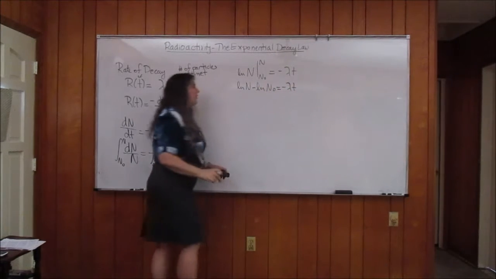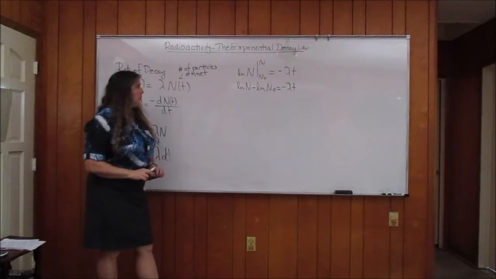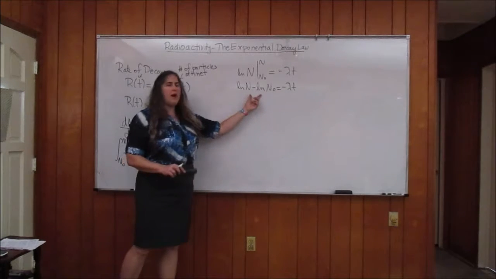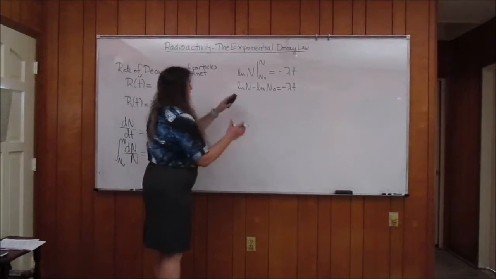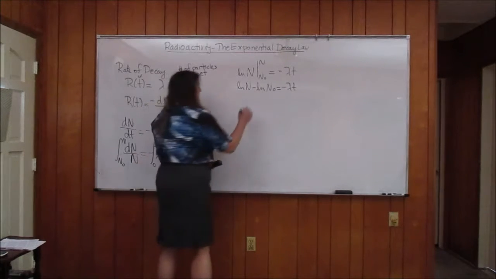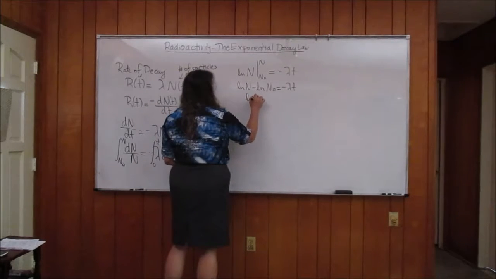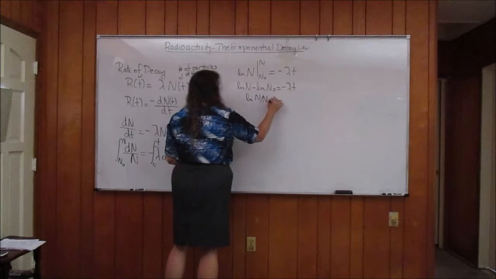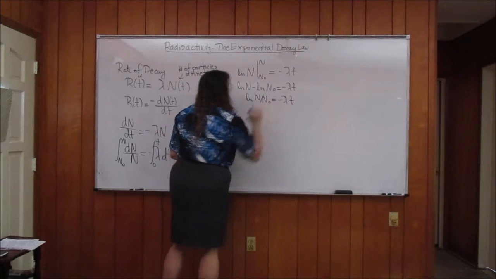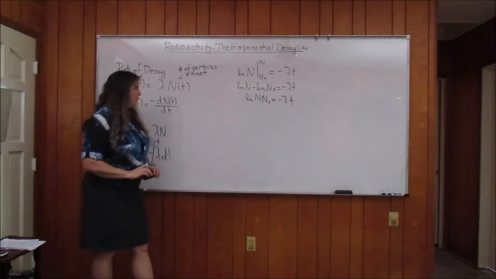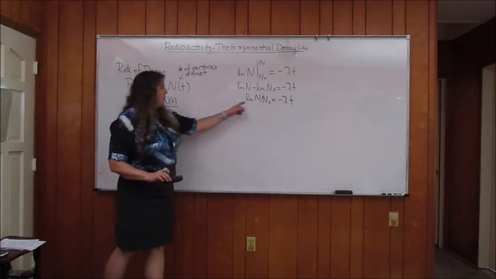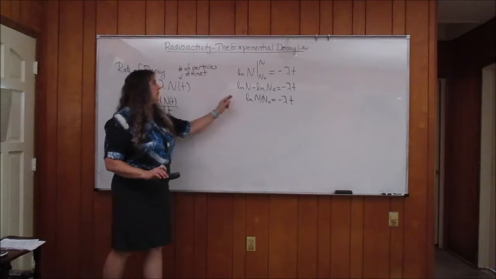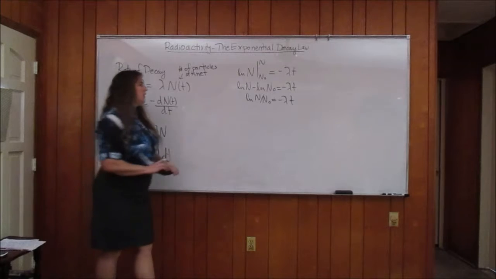So on the left-hand side, that's natural log of N minus natural log of N naught. Well, one of the properties of natural logs is that if you have the difference of two natural logs, that can be written as natural log of N over N naught is equal to minus lambda t. And I want to solve for capital N here, so I do that by taking the exponential of both sides.